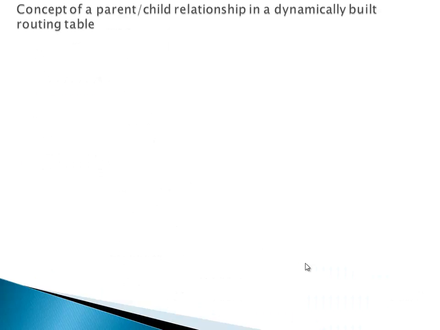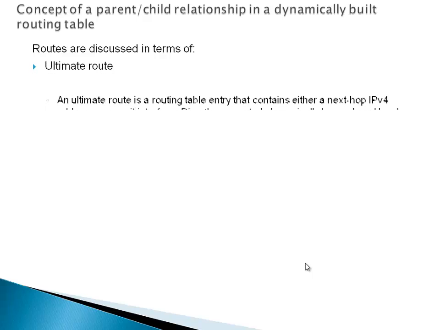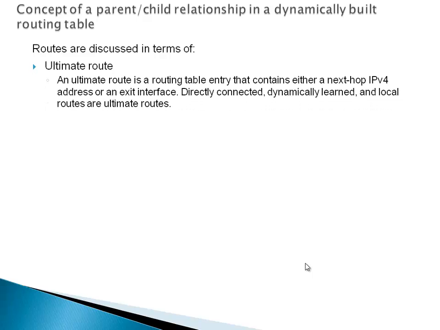Concept of a parent-child relationship in a dynamically built routing table. Routes are discussed in terms of ultimate route. An ultimate route is a routing table entry that contains either a next hop IPv4 address or an exit interface. Directly connected, dynamically learned, and local routes are ultimate routes. Then we have a level 1 route.